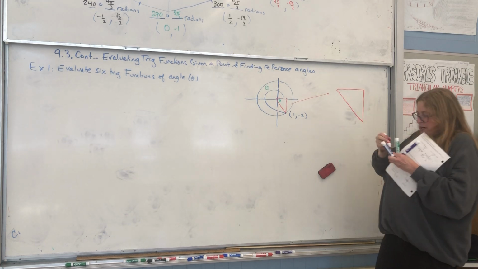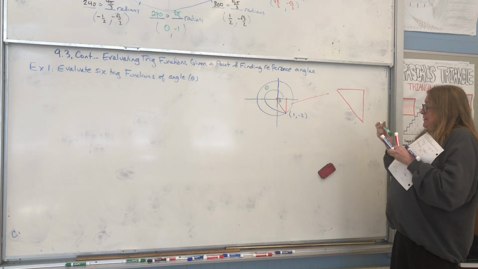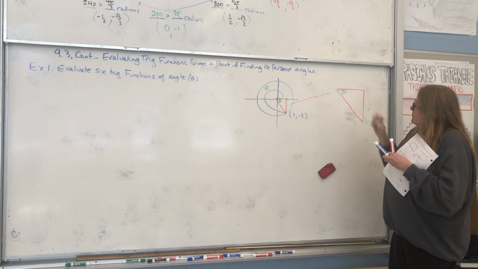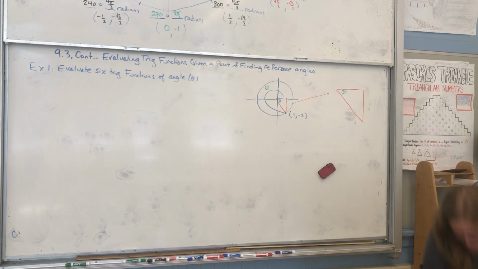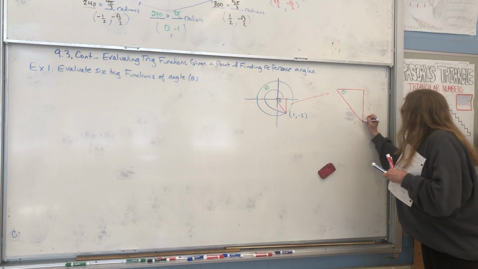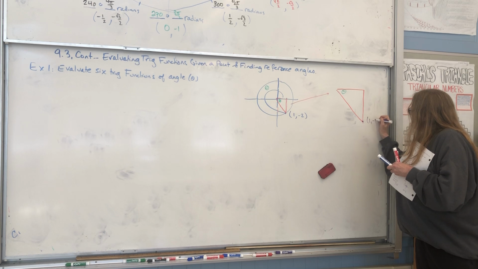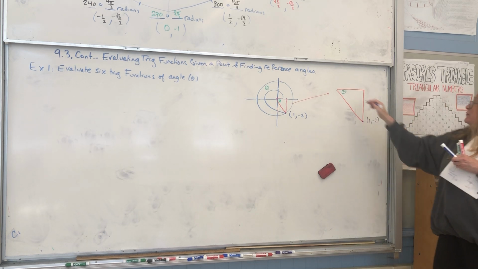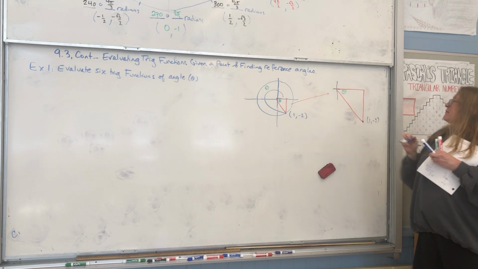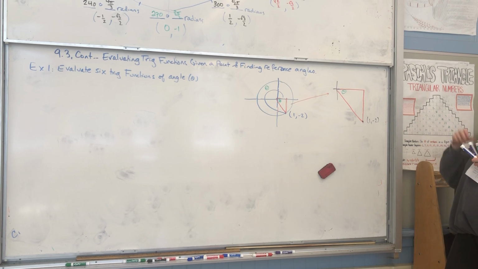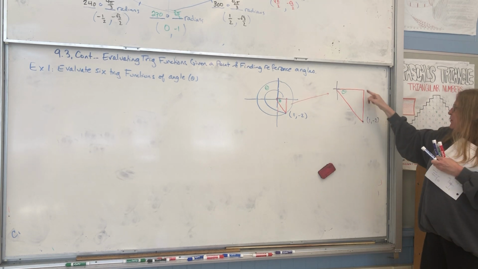Okay, so this is going to be our theta right here. And they told us that this point is at (1, -2). So if this is our origin, let's see what x and y would be right here.